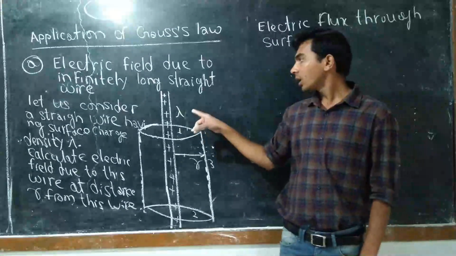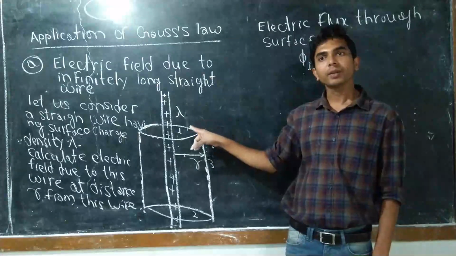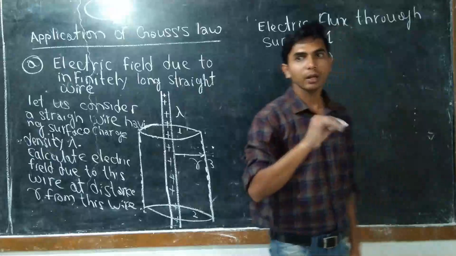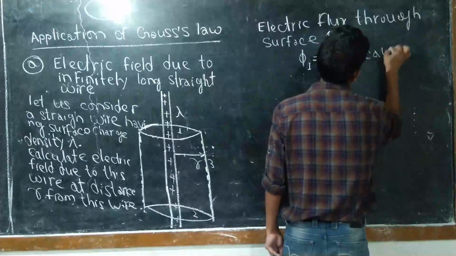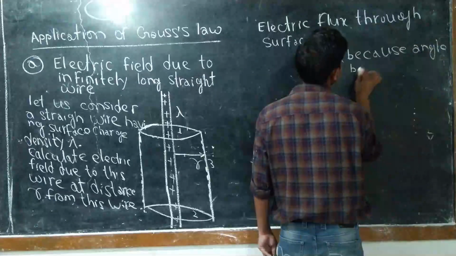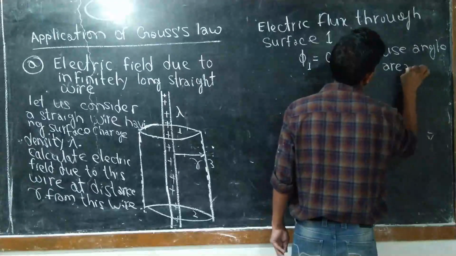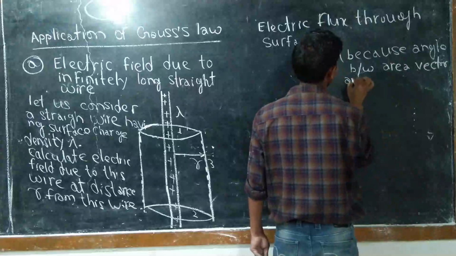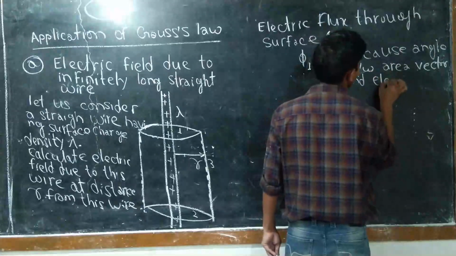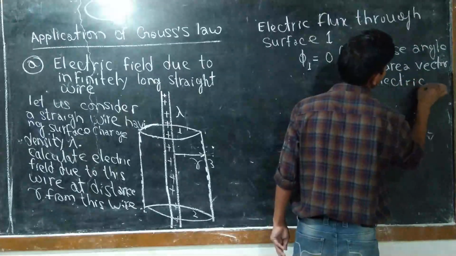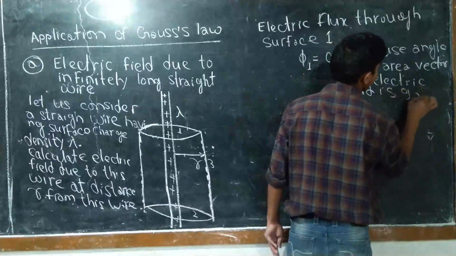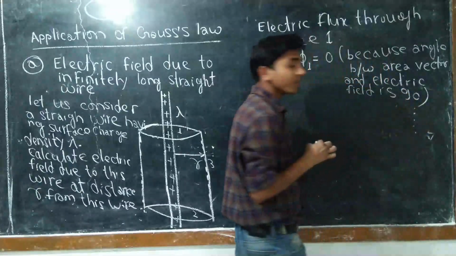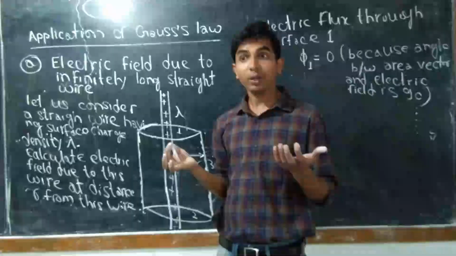Because the angle between area vector and electric field is 90 degree, so the dot product will be 0.